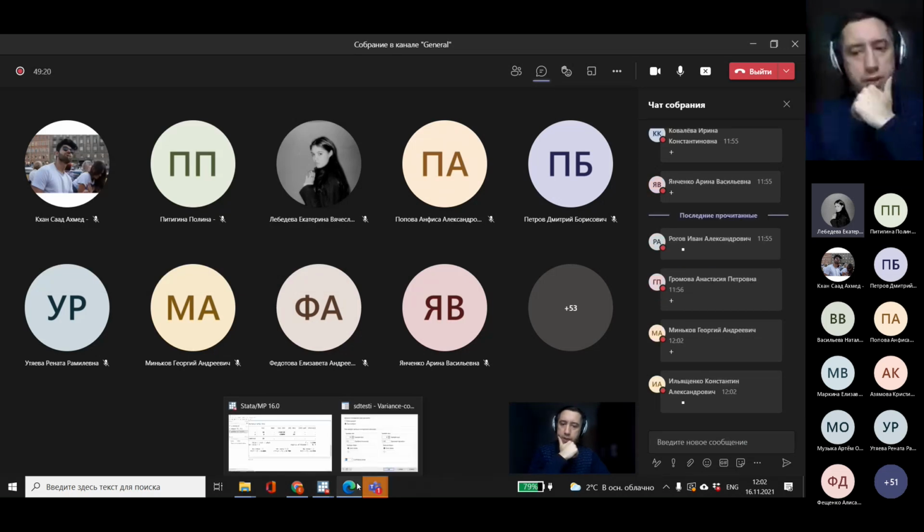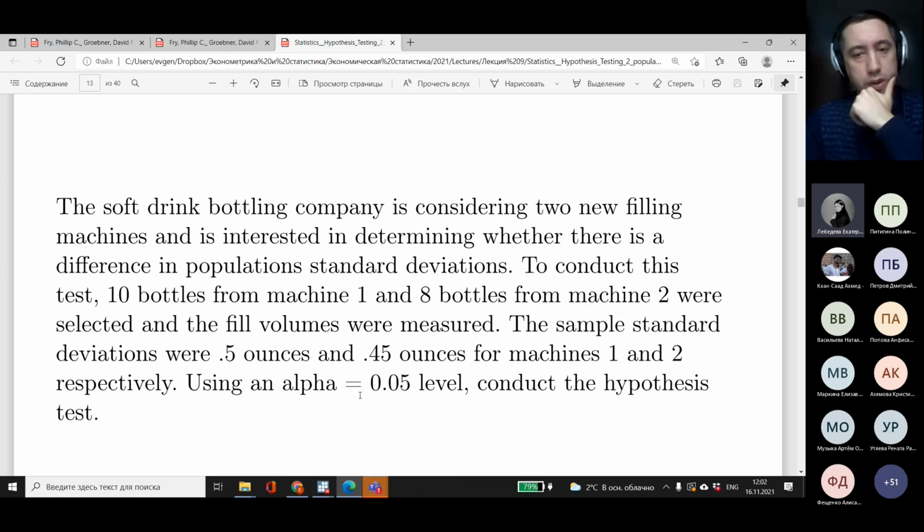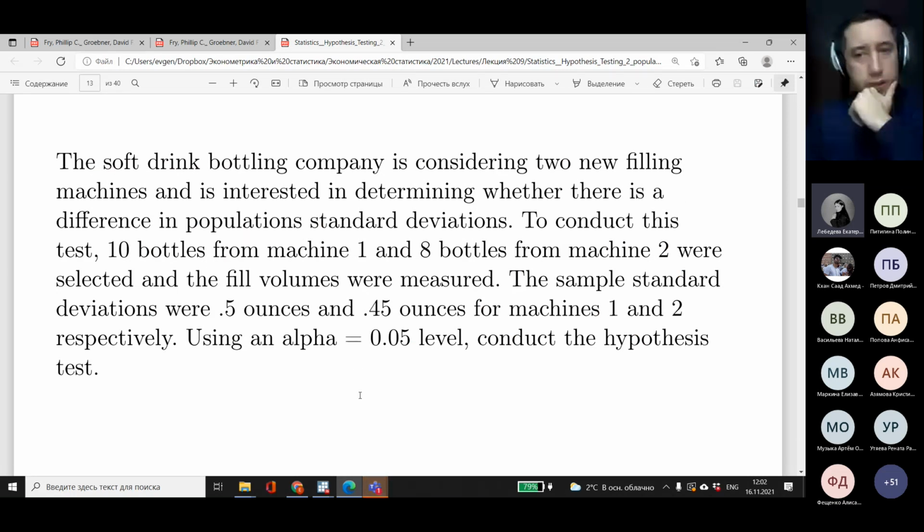Very good. So what conclusion can we make from this exercise? A managerial conclusion: whether there is a difference in population standard deviations. Our test cannot identify a difference in population standard deviation.